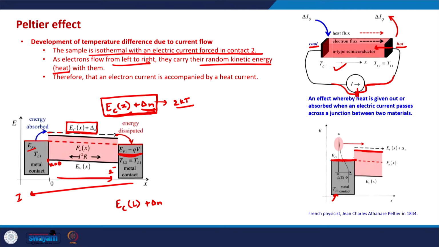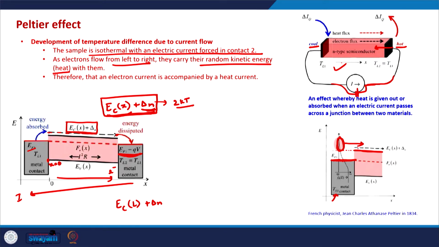So, the electrons that will go from the left contact to the semiconductor will be the electrons that are above this energy level. From the Fermi distribution function, the electrons in the tail of the Fermi function will jump to the semiconductor, okay? Because these electrons will see empty states right in front of them.